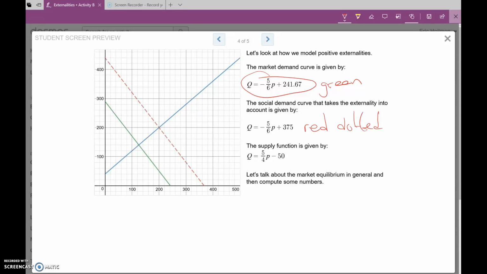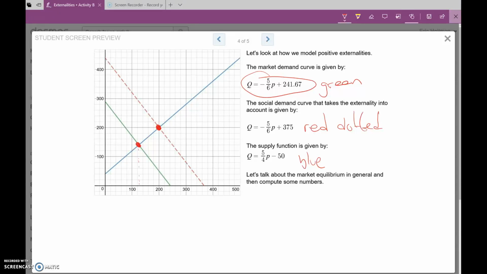And we have a supply function given here, that's the blue line. So we can see that the market equilibrium that we would land at is right around here. But the socially optimum market equilibrium would be here at a higher quantity. So we can figure out what those numbers are.